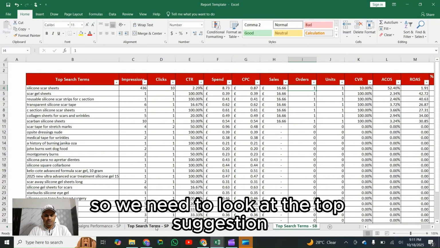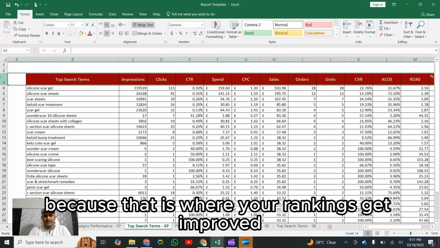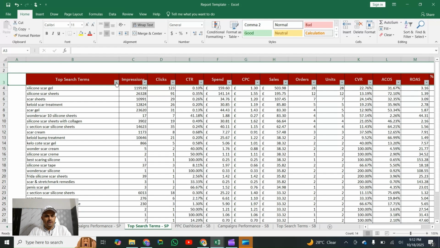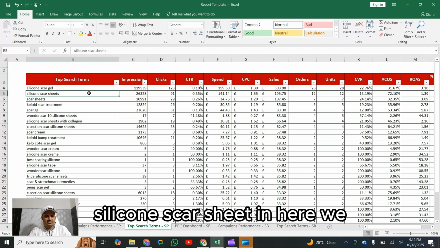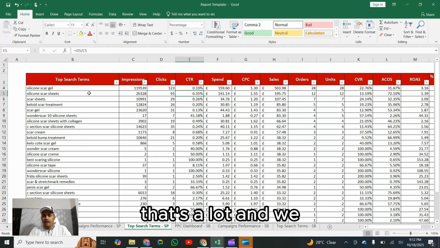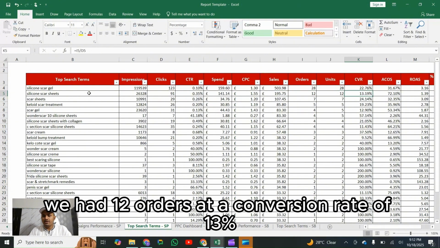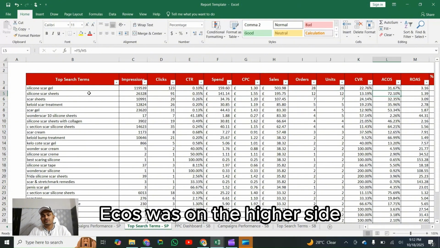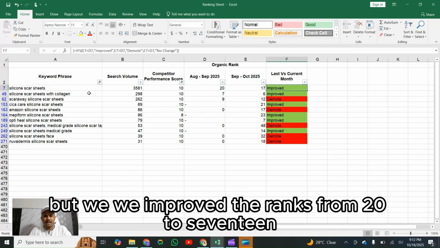So we need to look at the top systems of the sponsored product, because that is where your rankings get improved. If I see the keyword silicon scar sheet in here, we had 12 orders, we did 91 clicks, that's a lot. And we had 12 orders at a conversion rate of 13%. ACoS was on the higher side, but we improved the ranks from 20 to 17.